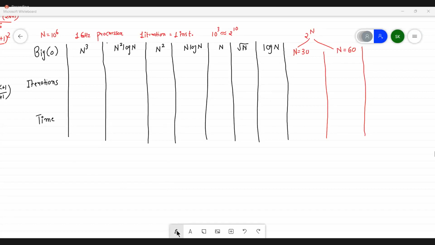So we can solve for n cube. For n cube, the number of iterations will be n into n into n. Your n is 10 to the power 6. Total number of iterations will come out to be 10 to the power 18. Yes or no? Now, talking about the time, how much time is it going to take?